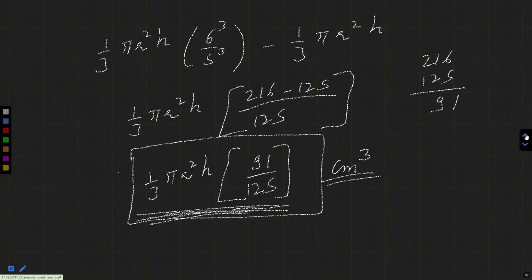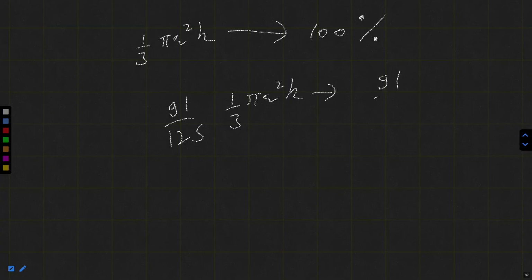So to find how much of this is in terms of percentage, just multiply this 91 by 125 times 100 percentage. So just you can easily find out.